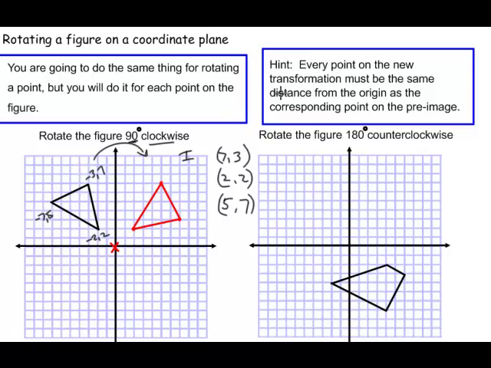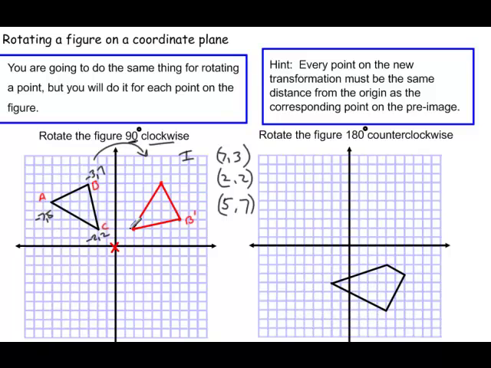Okay. Every point on the new transformation must be the same distance from the origin as the corresponding point on the pre-image. So if I were to say that this is A, that's B, that's C. Okay? Then, this one right here, which is 7, 3, that's your B prime.